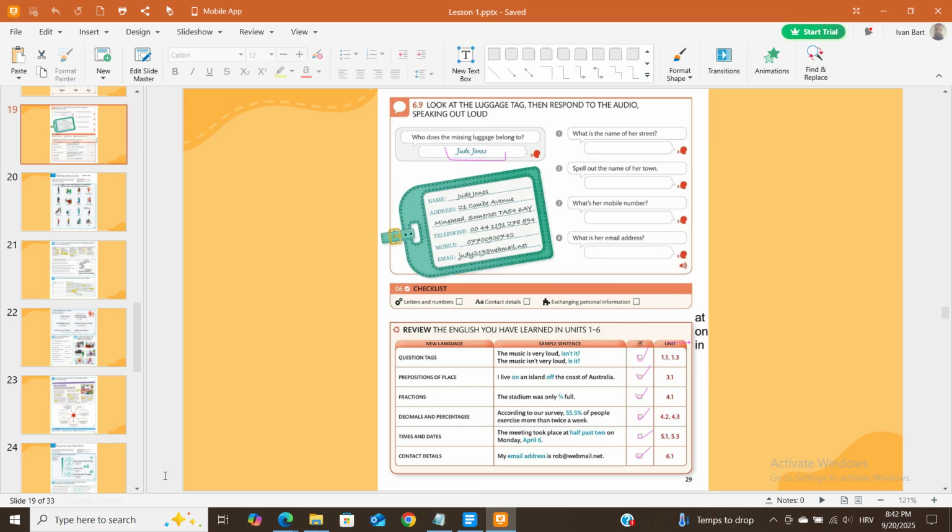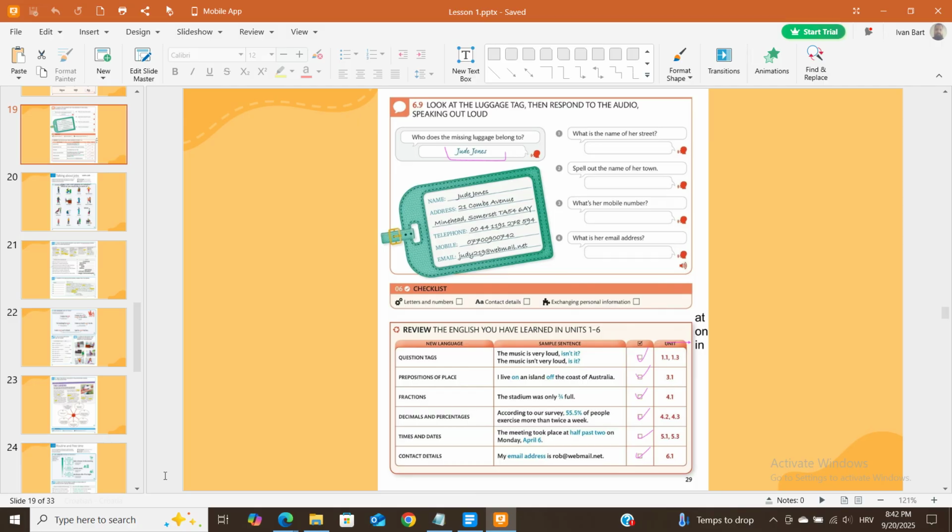The music isn't very loud, is it? Prepositions of place: I live on an island off the coast of Australia. 3.1 Fractions: The stadium was only 3/4 full. 4.1 Decimals and percentages. Times and dates. Contact details.